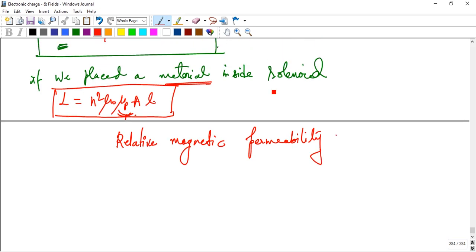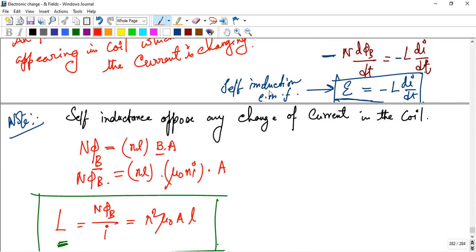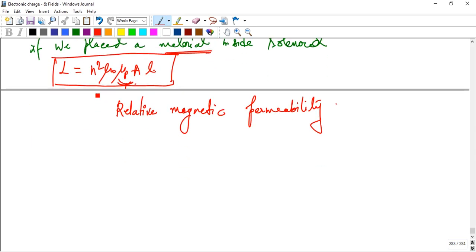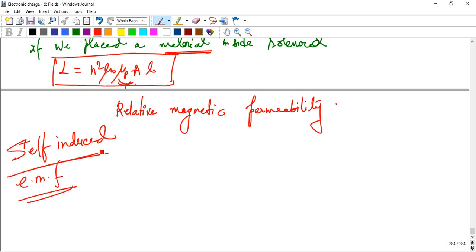The self-induced EMF is a common question, so keep in mind, this is very important. The self-induced EMF is the opposite of the original EMF.